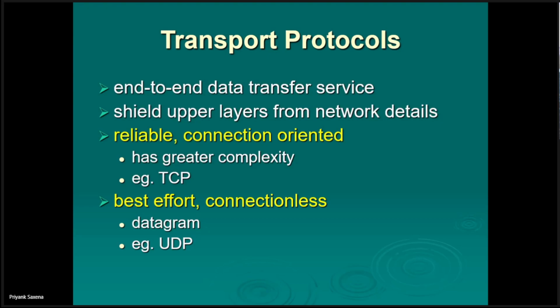Similarly, if I say about the addresses, in the MAC layer, the link layer, we call it a MAC address, right? And then in the network layer, we have an IP address. In the transport layer, we have a socket address, right?